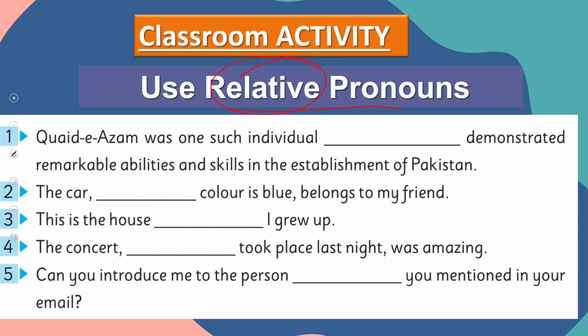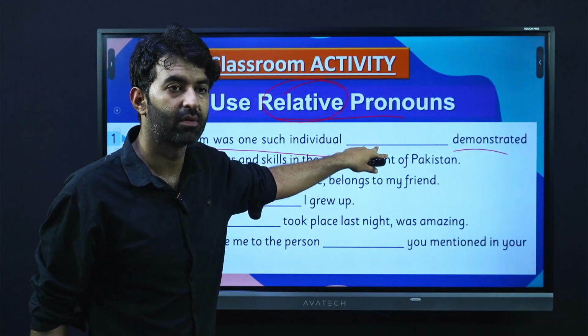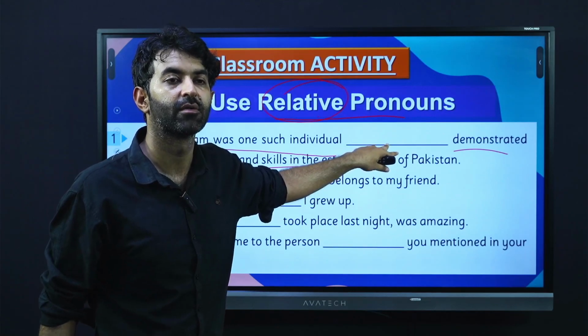Can somebody tell me the answer to the first question? Quaid-e-Azam was one such individual demonstrated remarkable abilities and skills in the establishment of Pakistan. यहां पर कौन सा pronoun हम यूज करेंगे? Relative, right? Relative कौन से होते हैं?